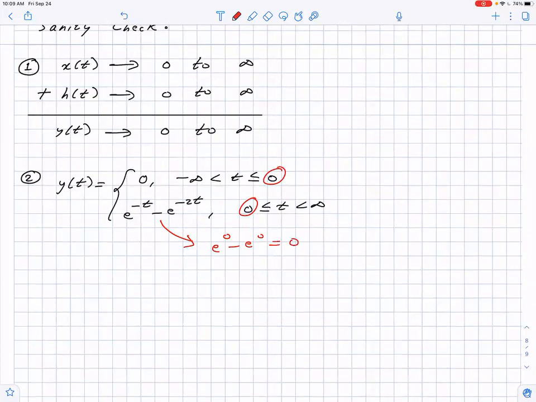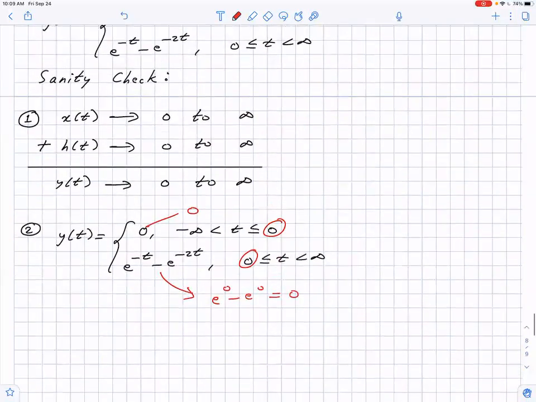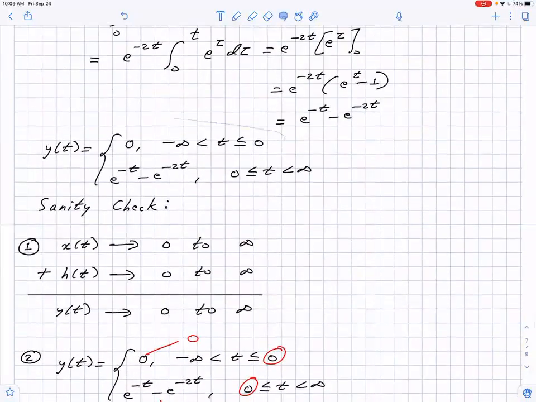And if we evaluate the top row at t equals 0, it is always 0. So the two boundary values also match. So that means we didn't find any error. And this is our answer for the convolution between x and h.